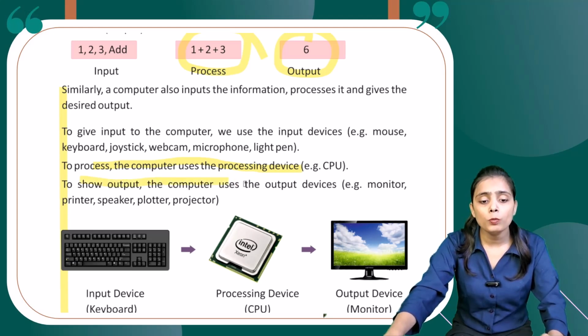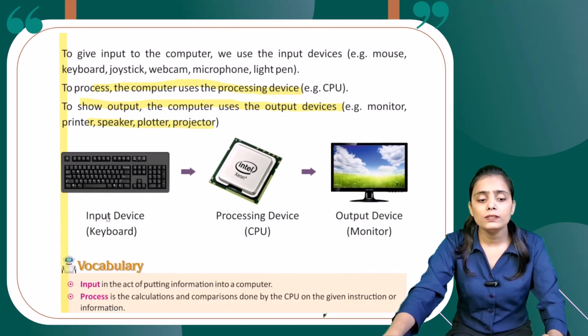To show output, computer uses the output devices. Output devices examples: monitor, printer, speaker, plotter and projector. So here you can see this is your input device, then it is getting processed and you are getting an output. So as you type some input on the keyboard, the CPU is processing it and the monitor is giving you an output.